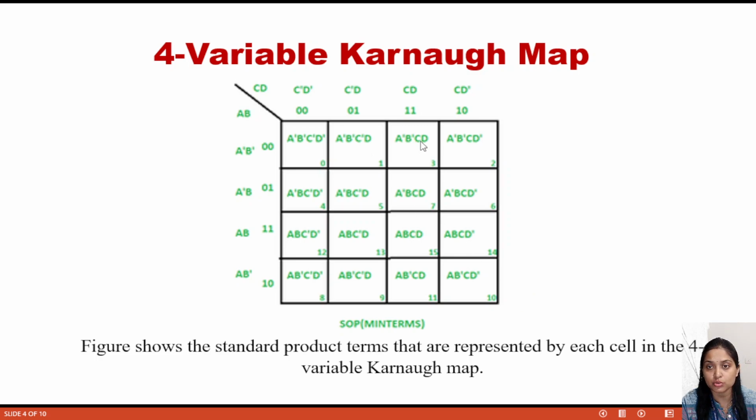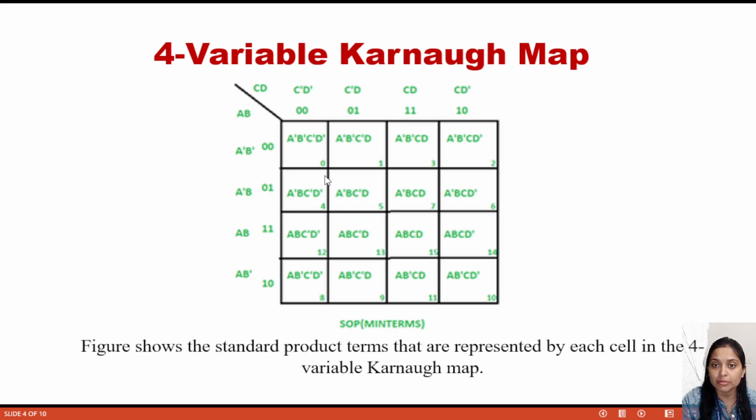So 1, 2, 3, 4, 5, 6, 7, 8, 9, 10, 11, 12, 13, 14, 15, 16. So this part is over. Then the next work is you have to find out each and every cell number.